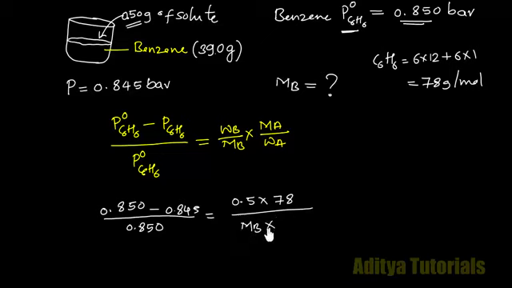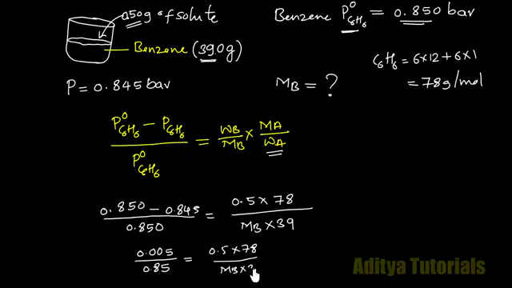This is not given, and now it is multiplied by the weight of the solvent given, that is 39 grams. After that the numerator becomes 0.005, divided by 0.85, that is equal to 0.5 into 78, divided by MB, and finally multiplied by 39.